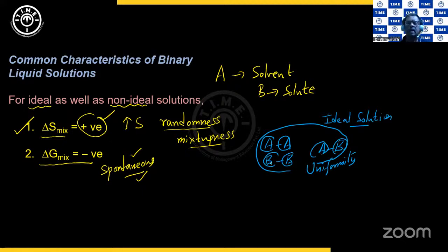Which means that A is not having any discomfort when another A is replaced by a B, or B is not finding any discomfort when a B is replaced by an A. So an ideal solution will have no change in the type of forces. The forces are all the same. Clear?